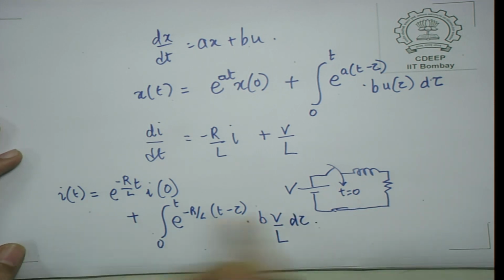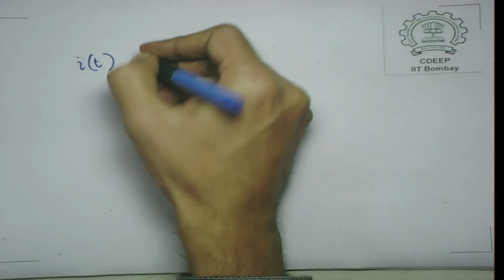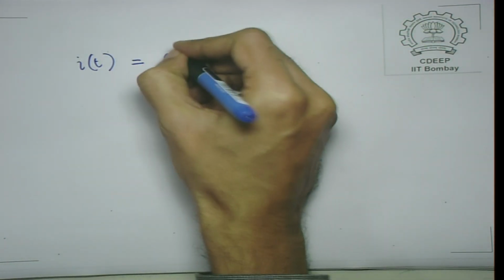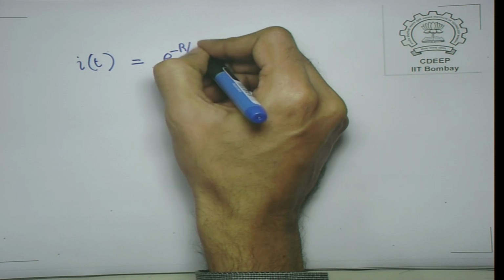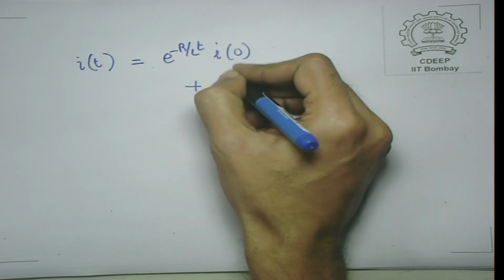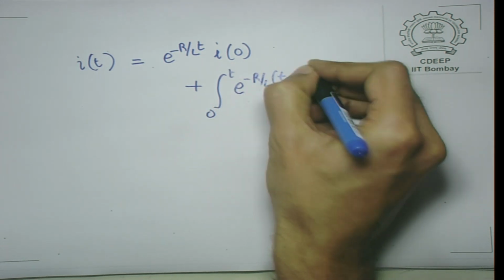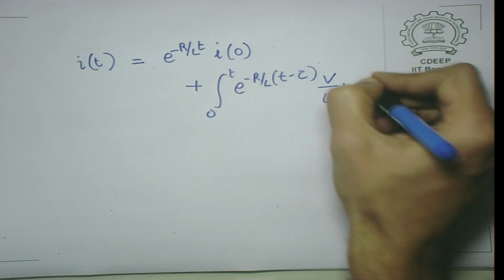If you actually evaluate this expression, this will come out to be I of t equal to e raised to minus r by L t I0 plus the integral from 0 to t of e raised to minus r by L (t minus tau) V by L d tau.